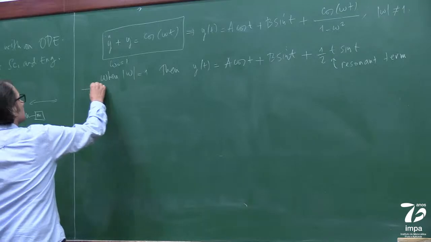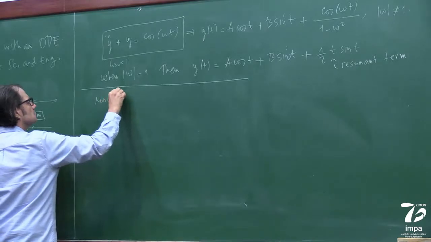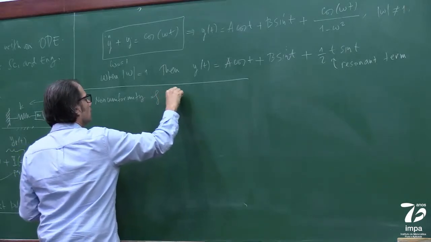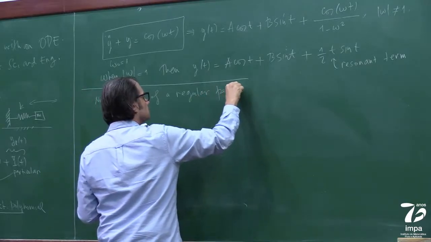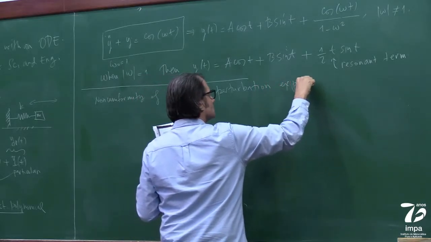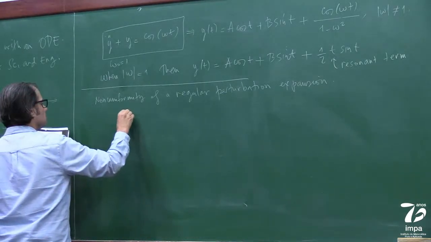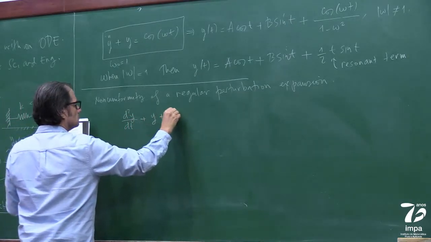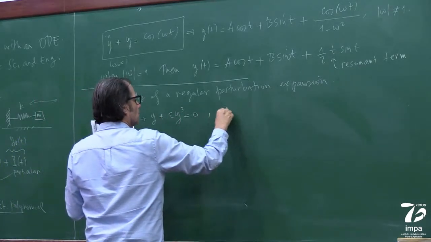So the first point in the book is this. It's called the non-uniformity of a regular perturbation expansion, you will see why. Okay, and the problem that we're going to look at is another famous equation, with these initial conditions.